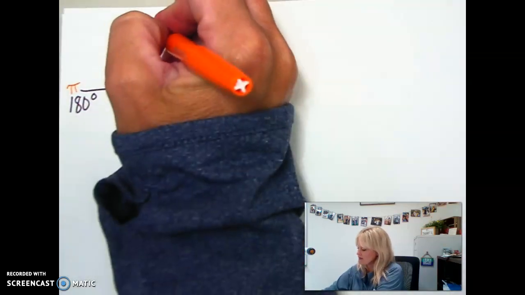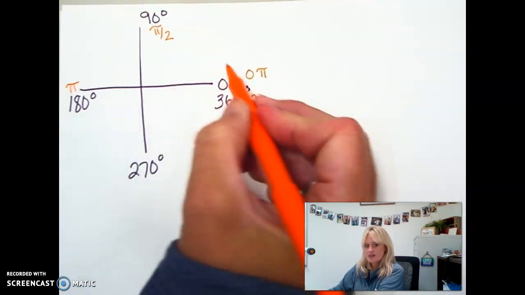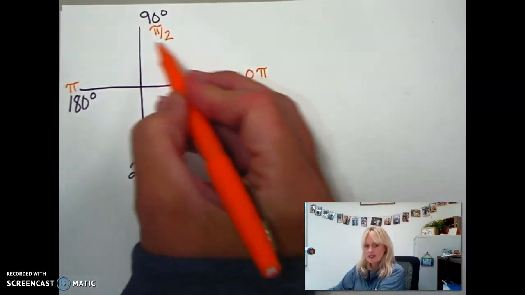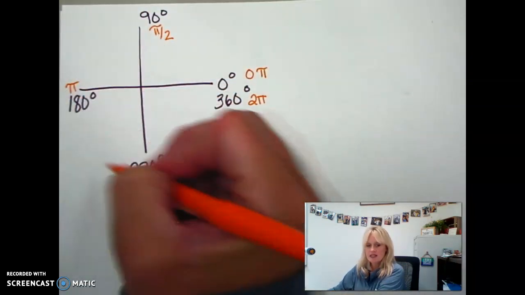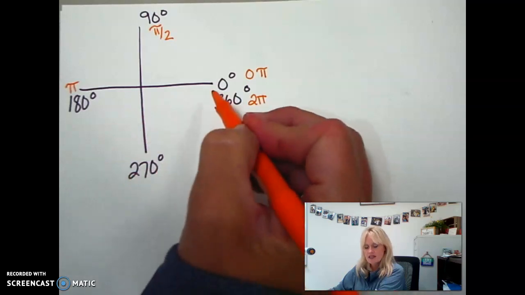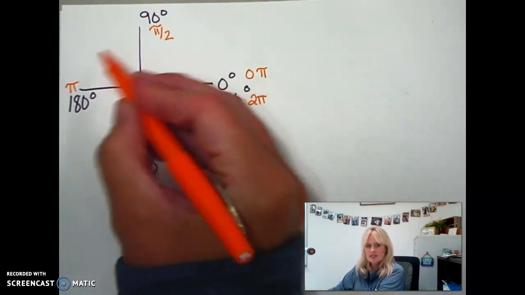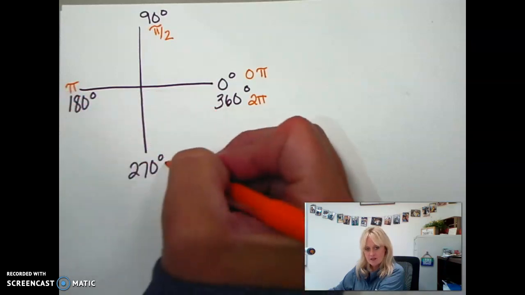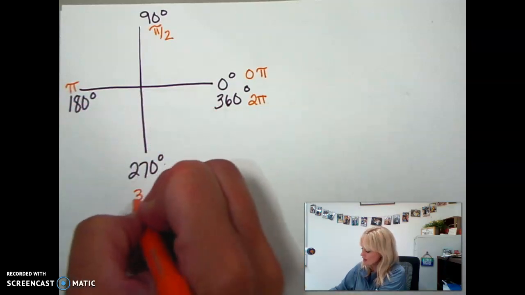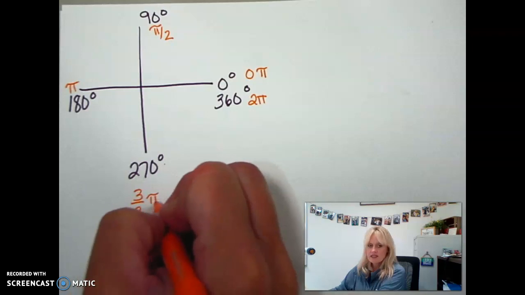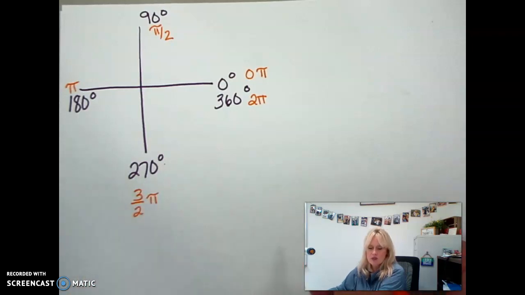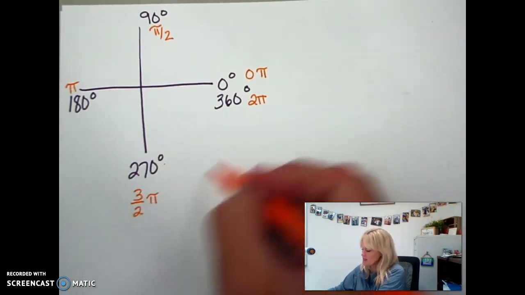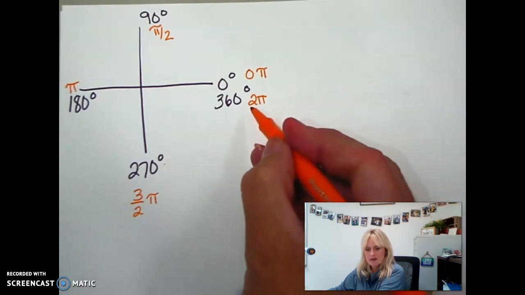Half a pi. So instead of 90 degrees plus 90 degrees plus 90 degrees plus 90 degrees, it's a half a pi plus a half a pi plus a half a pi, and instead of saying 1 1/2 pi, we're going to leave it as an improper fraction, 3/2 pi, plus another half a pi brings us to 2 pi.